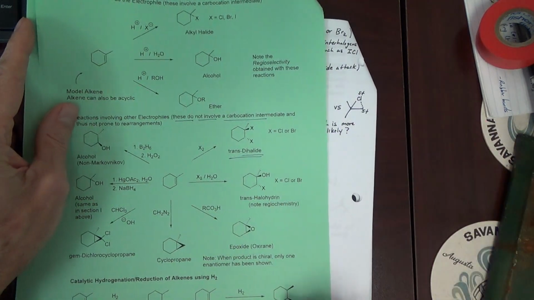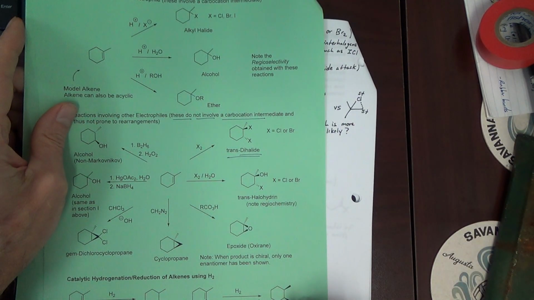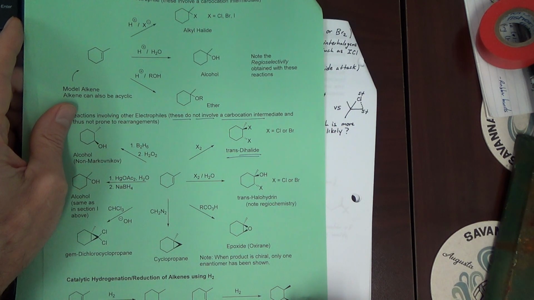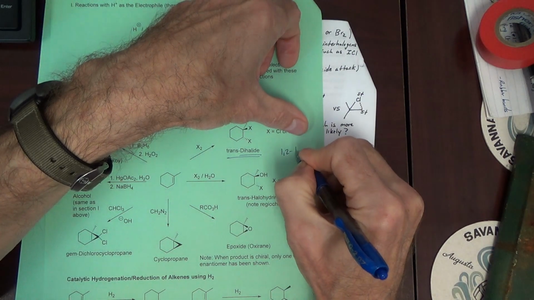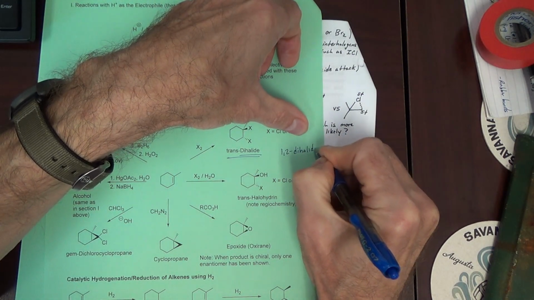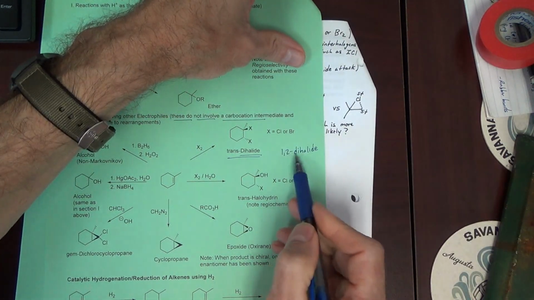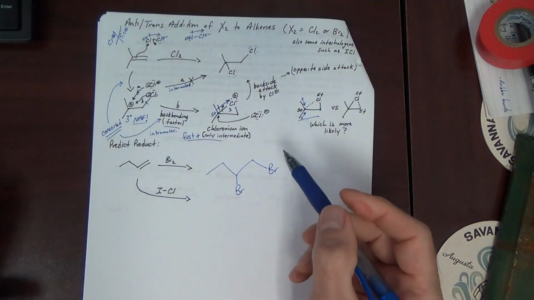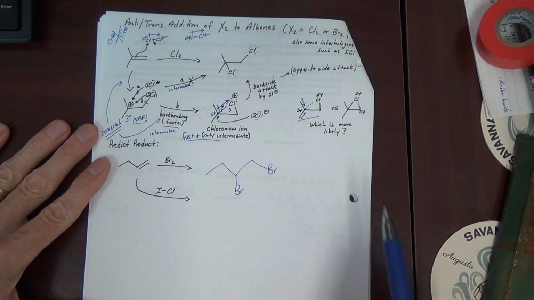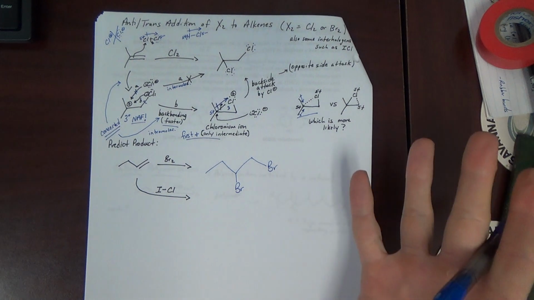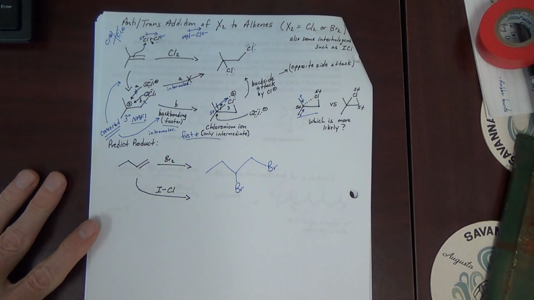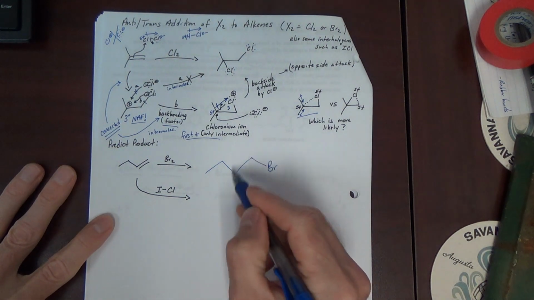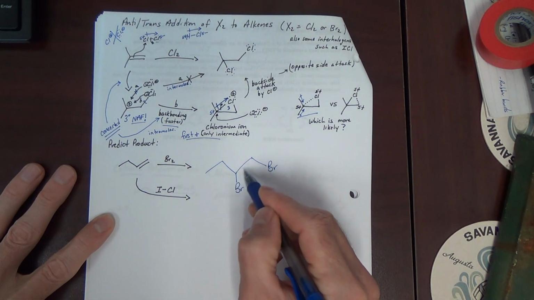You just kind of memorize that. It's also called a 1,2 dihalide, because the halides are in a 1,2 relationship. If that's 1, the other one's on the 2 carbon. There's no stereochemistry to consider in this answer.